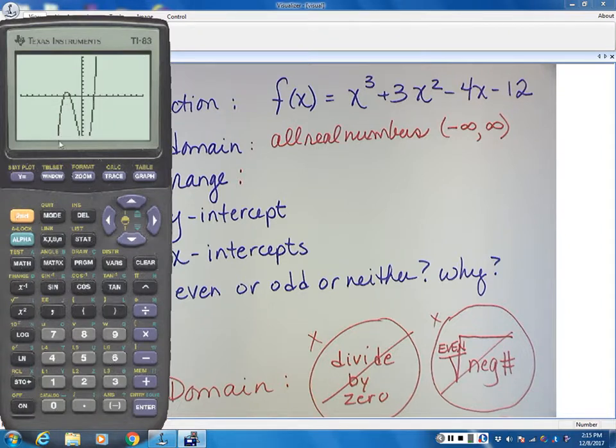Okay, this is going down forever. This is going up forever. So do you see what I mean about its arms? One goes up, one goes down.